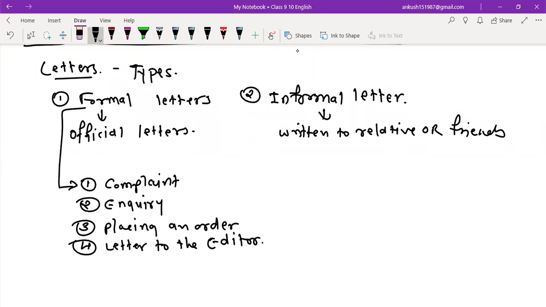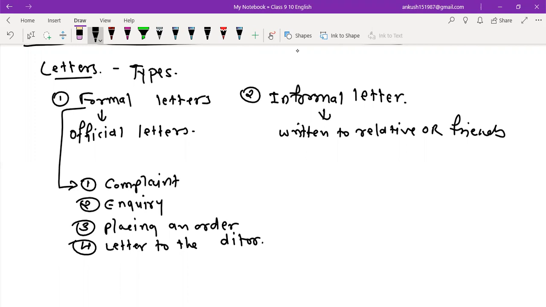Editor means what, sir? An editor is like the person who takes care of news. A news editor. Editor is someone who actually takes care of the text which is written in his newspaper, magazine, newsletters, articles.